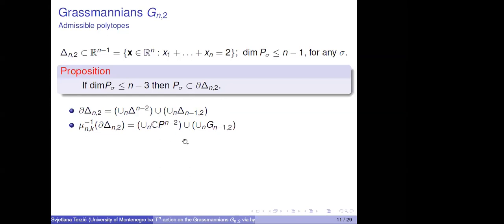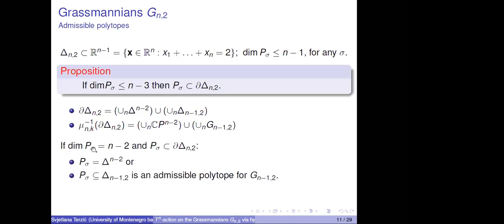When we want to describe the orbit space, the orbit space of CP^(n-2) is very well known. This is one dimension less, so we can proceed by induction and restrict ourselves only to that part of the Grassmannian G_n,2 which maps by the moment map to the interior of Delta_n,2.